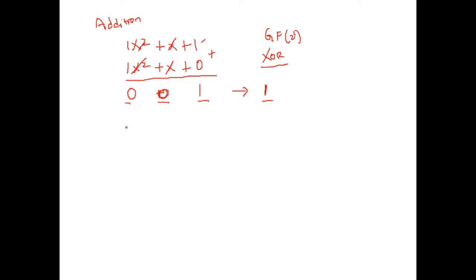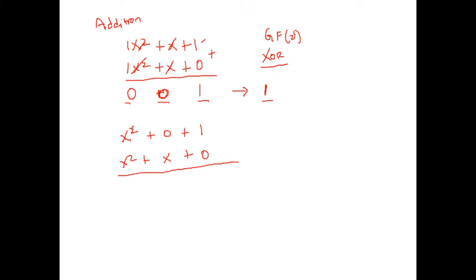Can we take another example? Can we add these two numbers? Say x square plus 1, that is nothing but x square plus 0 plus 1. This term, we'll add it with x square plus x. So the third term is actually, what it means is a 0. So if you add, obviously you have a 1 and 1 here.